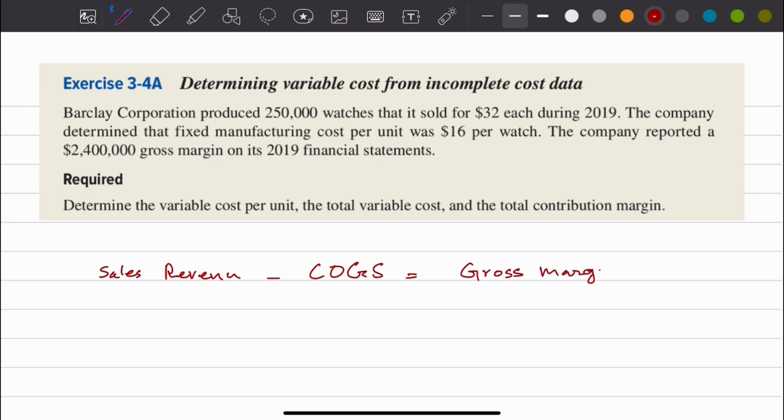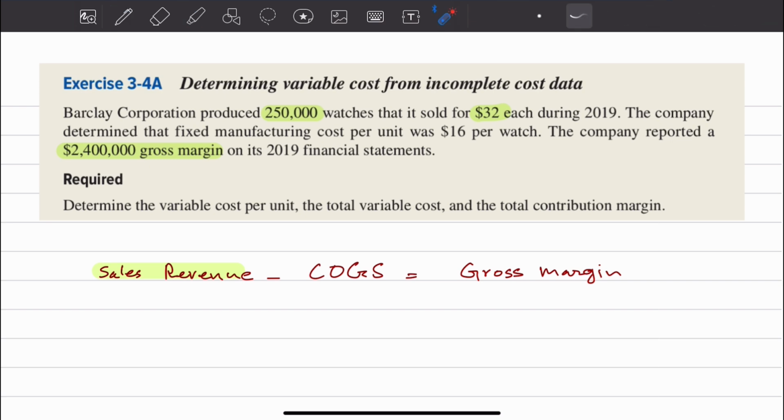This is a simple formula, and going back to the data, we can see that we have two of these. We have the number of watches that were sold, and we do have the selling price for each. So from these two, we can find the sales revenue. And we do have the gross margin given right away in the question as well. So we can play around with this formula and find the missing value, right?